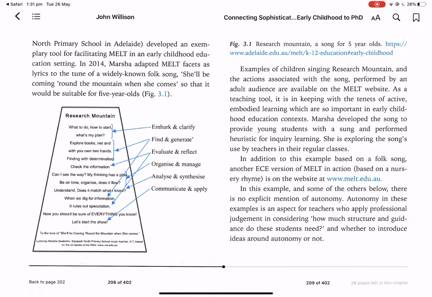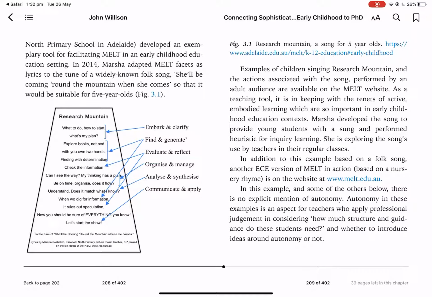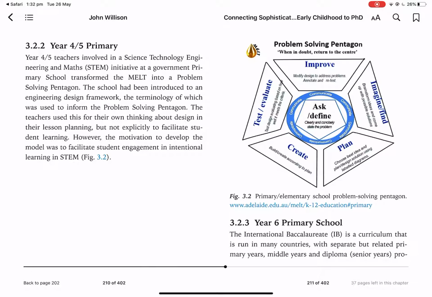In fact, the early childhood song Research Mountain is inspired by the 6 facets and written by an early childhood teacher, Marcia Seaborn and Elizabeth North, and it's just been annotated to point out where the facets come in, but she directly used the MELT to write that song.